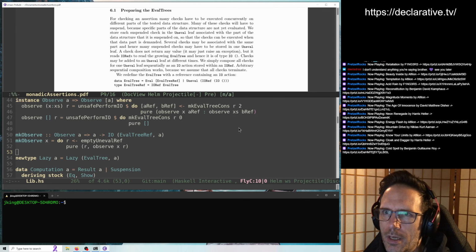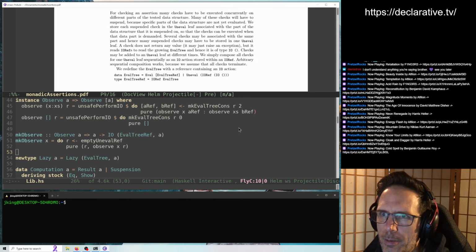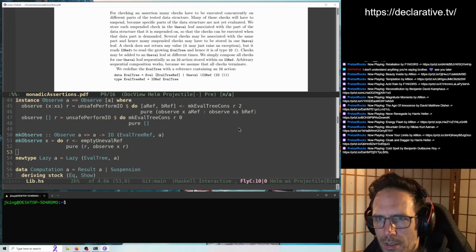We're checking an assertion. Many checks have to be executed concurrently on different parts of the tested data structure. Many of these checks will have to suspend because specific parts of the data structure are not yet evaluated. Makes total sense.